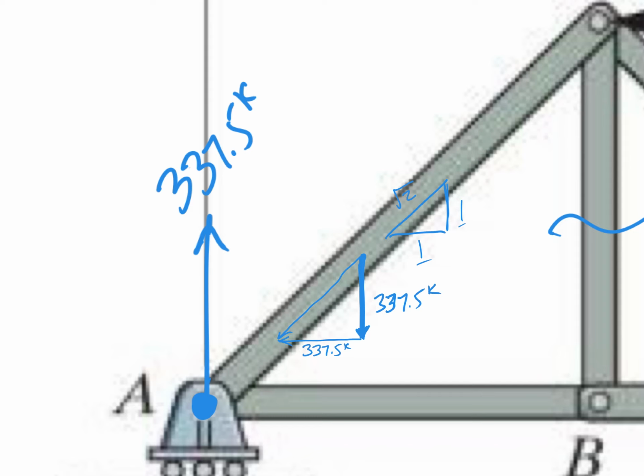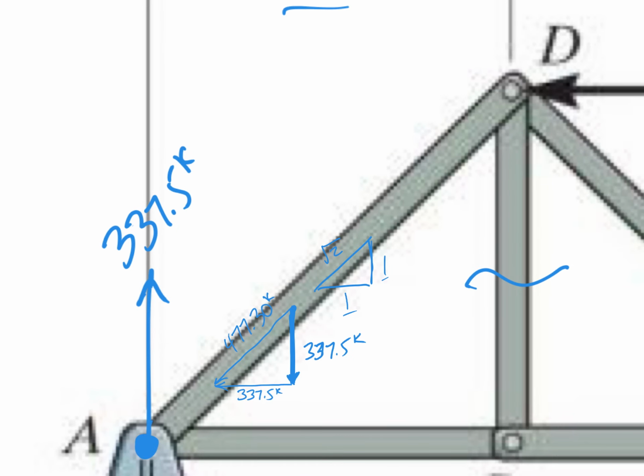I'm going to multiply 337.5 by the square root of 2 and get 477.30 kips. It's pushing, so that's compression. It has to push on this side as well: 477.30 kips.